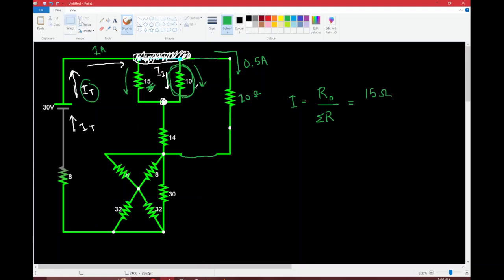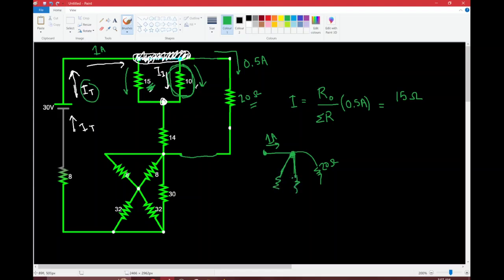And of course, I forgot the incoming current. So the current that they need to share in that case is going to be 0.5 amps, right? The current is 1 amp, but we know that 0.5 amps goes through this 20 ohm resistor, and we have 0.5 amps that go down these other two paths, and that needs to be split.